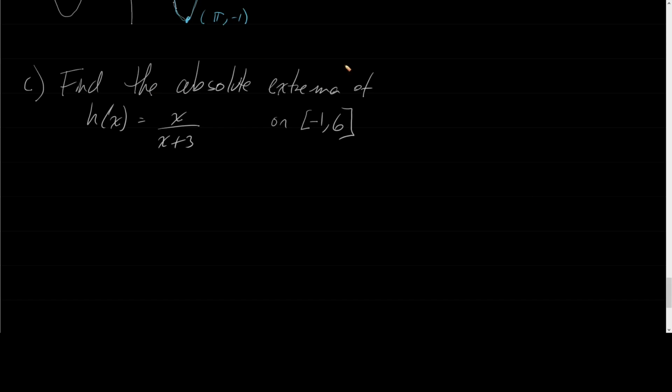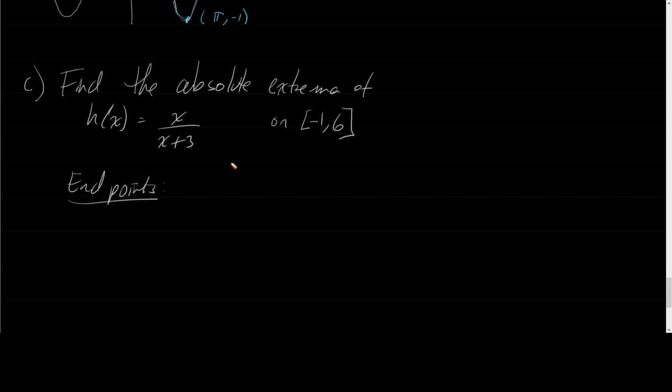If you recall, what I mentioned earlier was that the absolute extrema can happen at the endpoints or at the relative extrema, which again would be the critical points. So let's figure out what happens at the endpoints here.